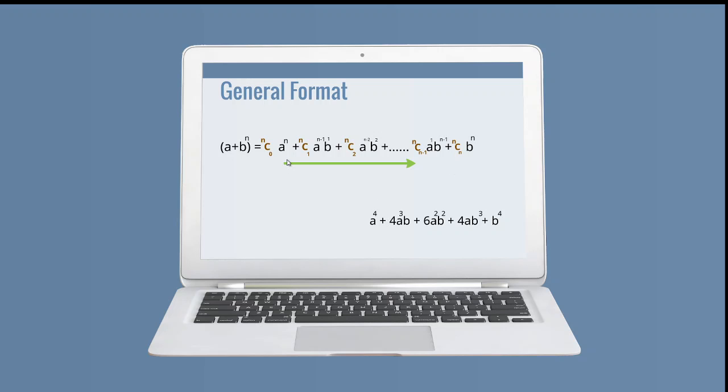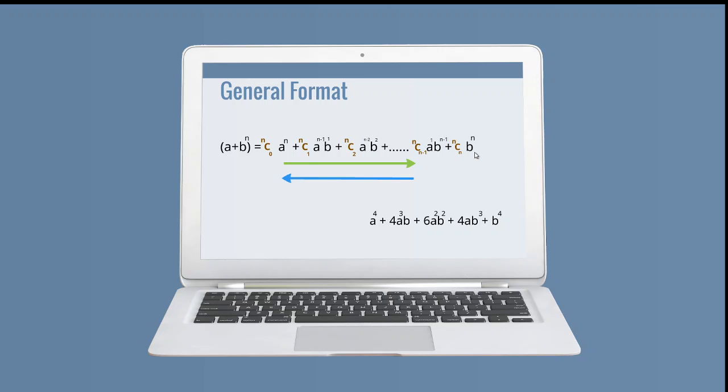What about b? B doesn't come in the first term because it is b to the power 0, so it doesn't actually come. B starts appearing from the second term. From here onwards, b to the power 1, b to the power 2, it keeps on increasing to b to the power n minus 1, and last is b to the power n.